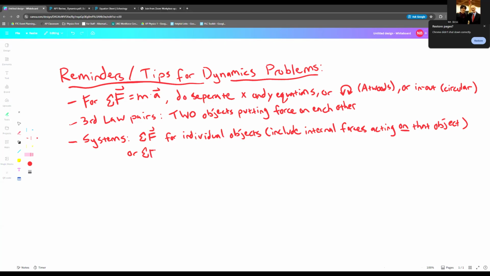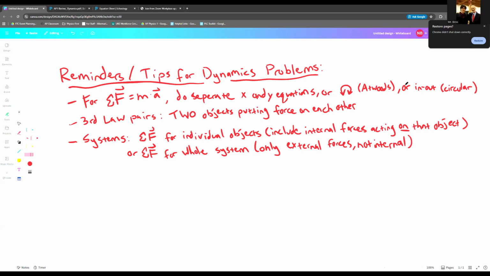Or you could do sum of forces, if you end up not wanting to do the individual objects, you could do sum of forces for the whole system. Which would then be only external forces, not the internal.